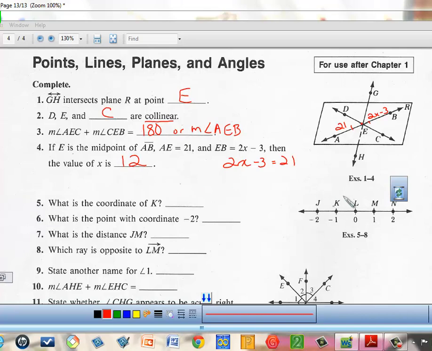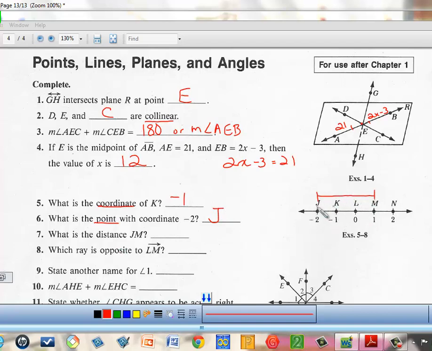All right, number 5, if you look at the number line, remember a coordinate is a number, but a point is a letter. So if I want the coordinate of K, the answer is -1. The point that has a coordinate of -2 would be point J. The distance or length of JM means from here to here.